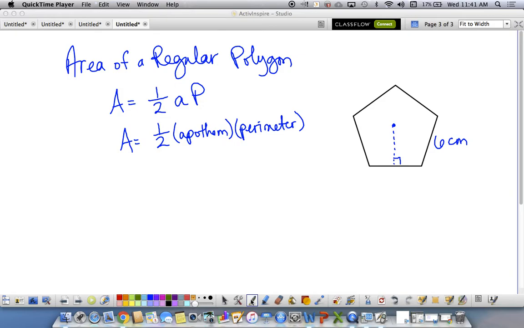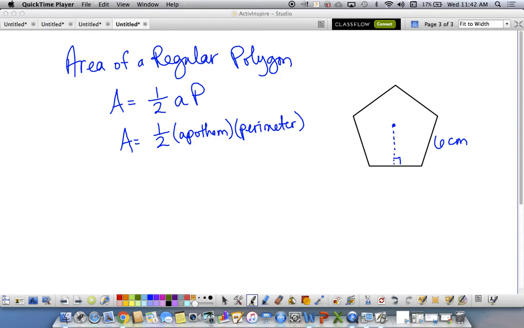Okay, so most all the time they will give you the apothem. I say most because there's going to be a time or two that they don't, but I assure you, you can find it. I will show you how to find it next.